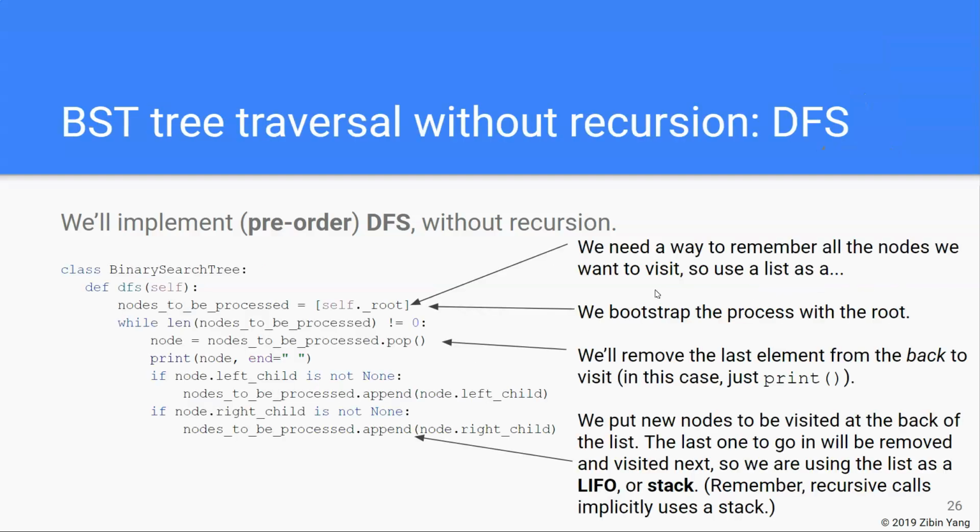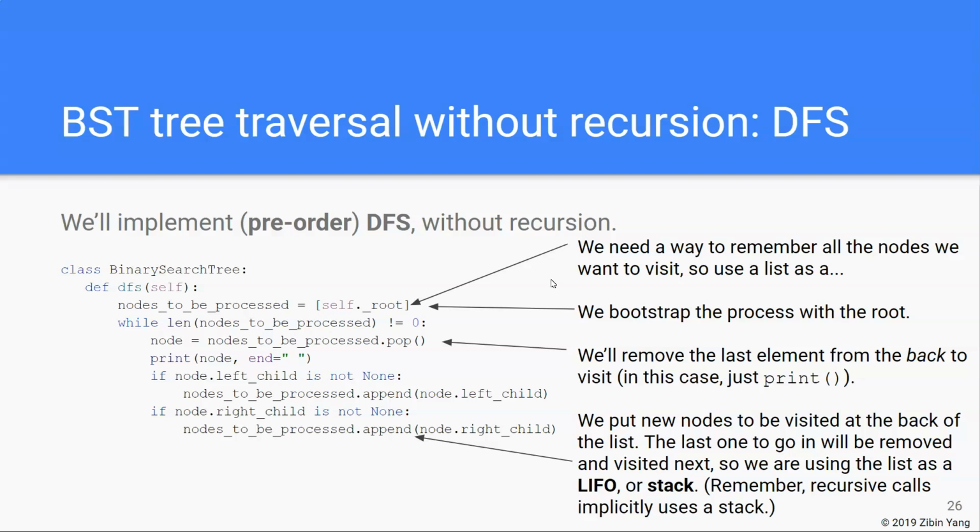Here is a fairly standard way of implementing DFS without using recursion. If you thought about this, the slight difficulty in this implementation has to do with the fact that for every node that we visit, there are 2 more that we have to visit, right? The 2 children.